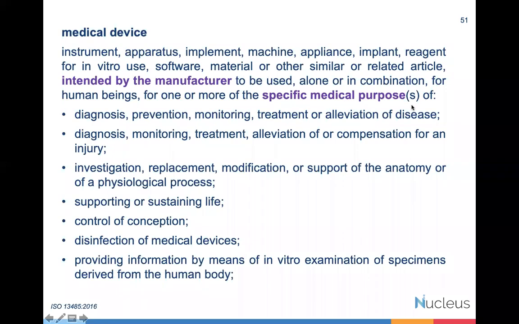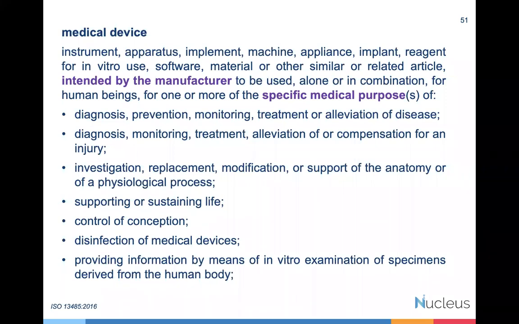But this is the definition given in 13485. Let's have a look here. Then we will ask the same question to ourselves again. Any instrument, apparatus, implement, machine, appliance, implant, reagent for in vitro use, software, material, or other similar or related article intended by the manufacturer.